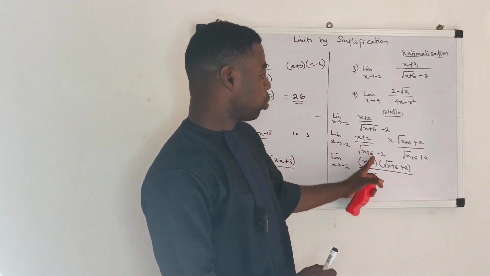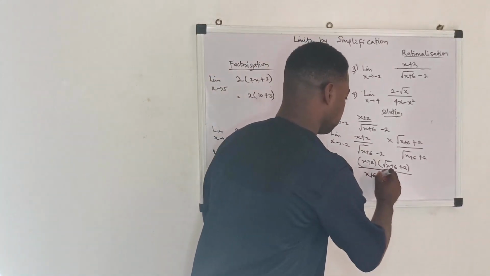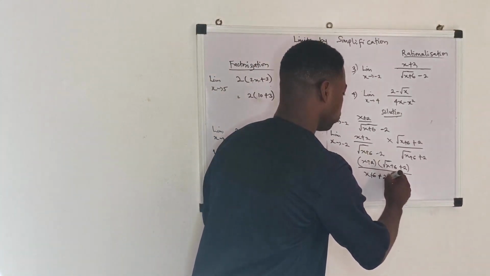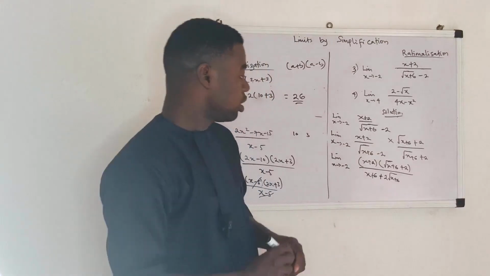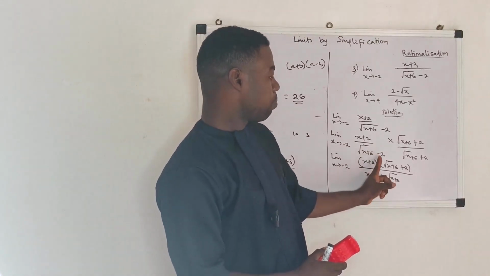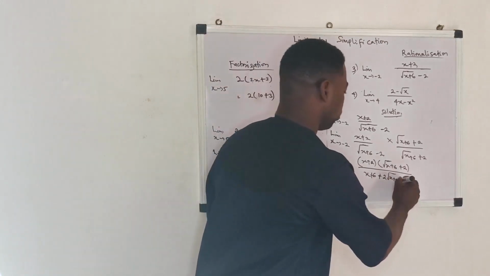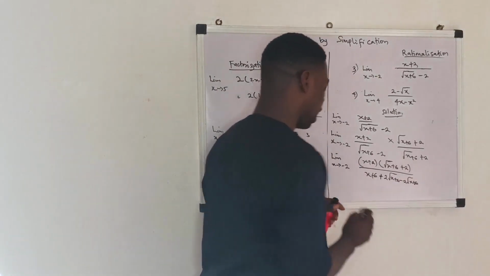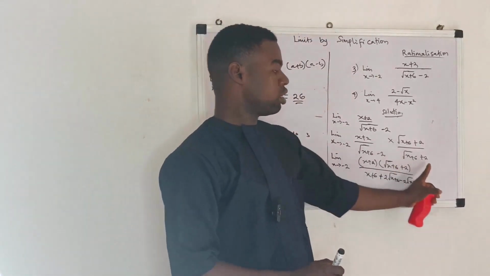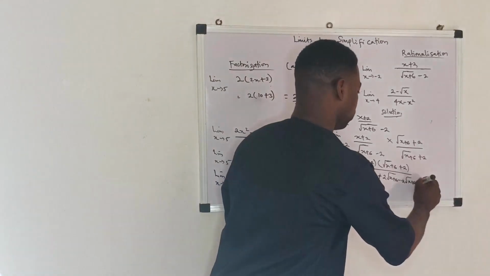Now, square root of x plus 6 multiplied by 2 will give us plus 2 square root of x plus 6. Okay, now multiplying with -2: -2 times square root of x plus 6 will give you -2 square root of x plus 6. And then lastly, -2 times 2 will give you -4.